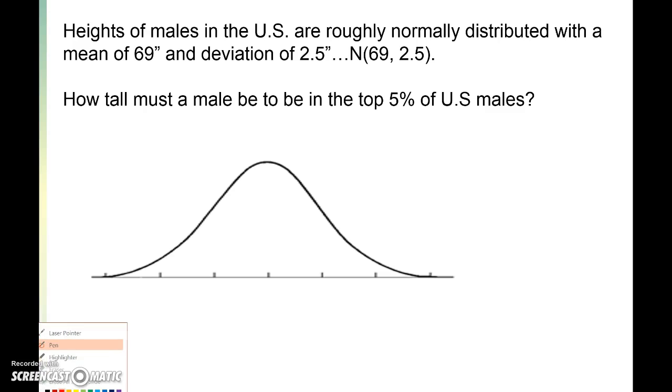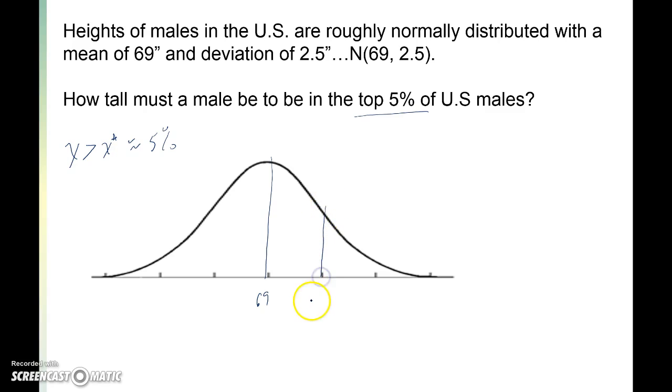In this particular example, what we're going to look at is a very similar question, but worded slightly differently. In this case, how tall must a male be to be in the top 5%? So the value is going to be greater than some particular value where it's approximately 5%. Well, again, we know that 69 is down the center.